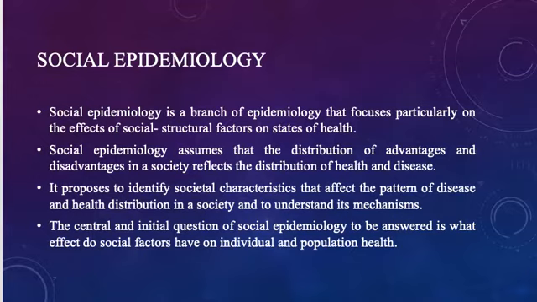It also proposes to identify societal characteristics that affect the pattern of disease and health distribution in a society and to understand its mechanisms. The central and initial question of social epidemiology is: what effect do social factors have on individual and population health?